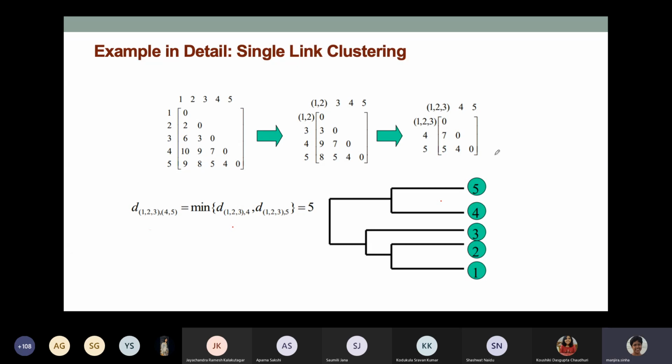Because there is no one to say that this is 1, 2, 3, 4, 5. So we will purely go by the similarity between the nodes or between the clusters. So was I able to answer your question? Yes, ma'am. Got it.